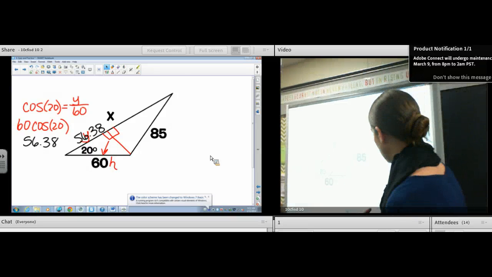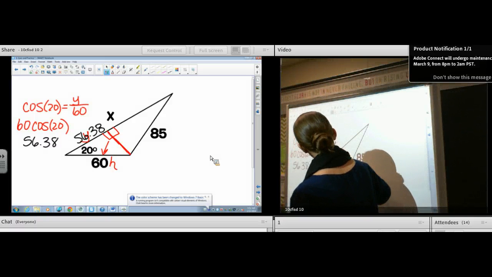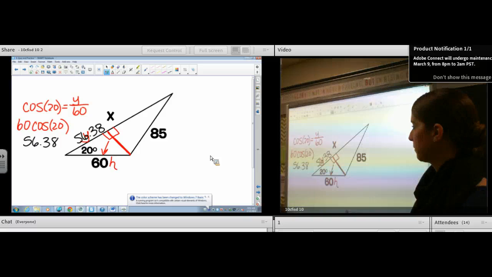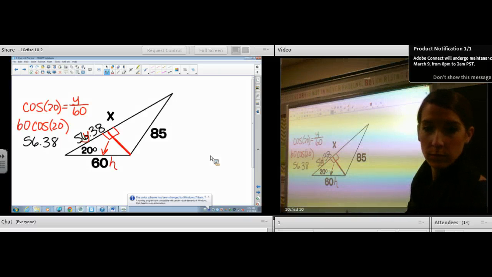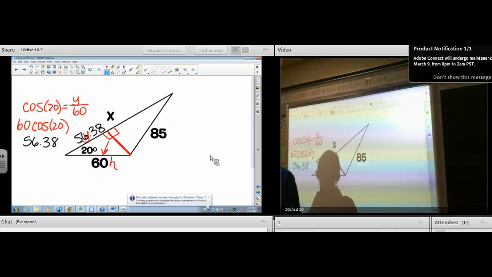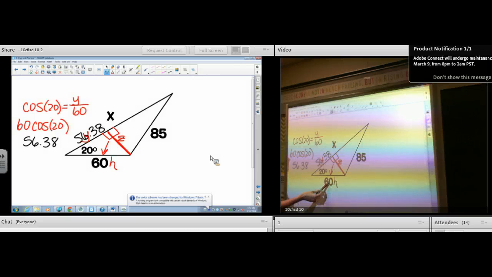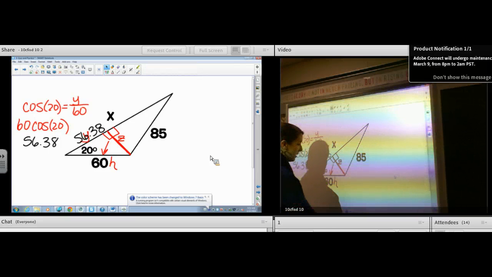Can we find this value now? We can find that value. Let's use trig. There is enough information. So now I'm going to call this z. We've still got the hypotenuse, and z is opposite.